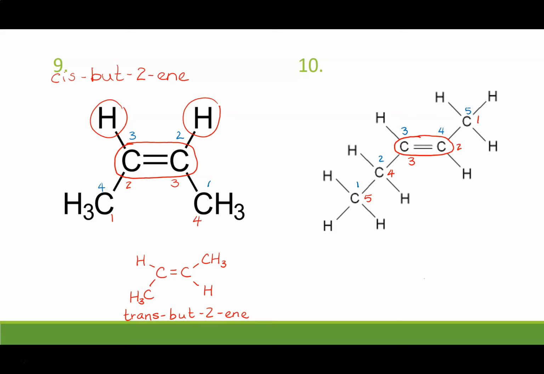So we need to go with the red numbering. Now, there are 5 carbons, so we will use the prefix pent-, and since the hydrogens, where the alkenyl group is, are on opposite sides, this is called trans-pent-2-ene.